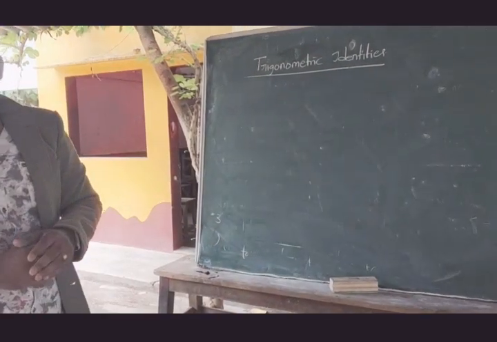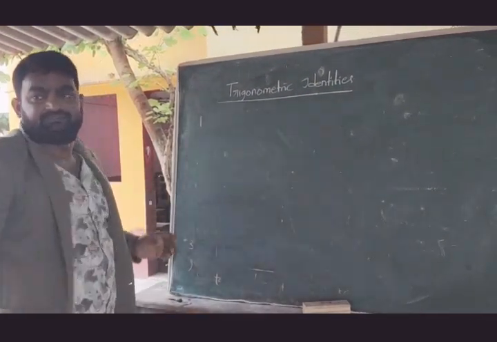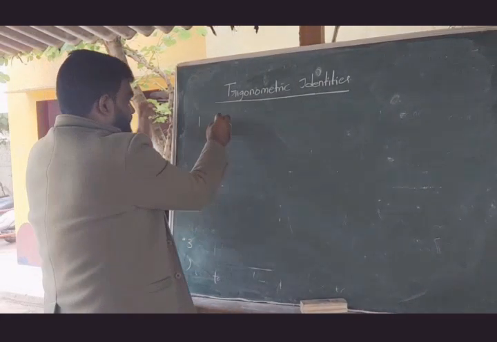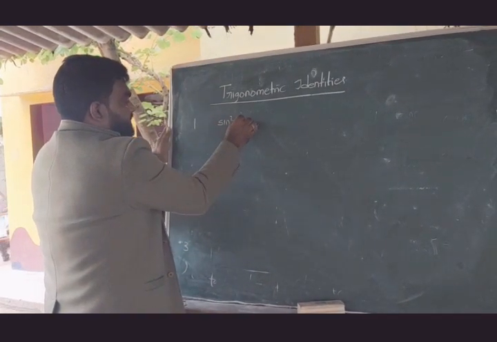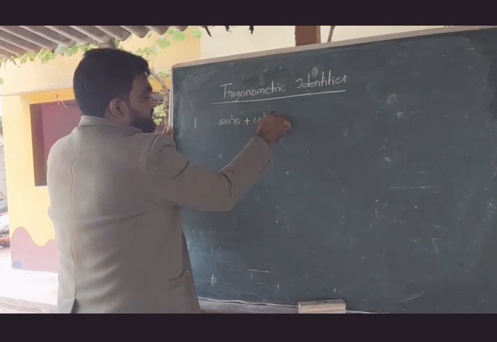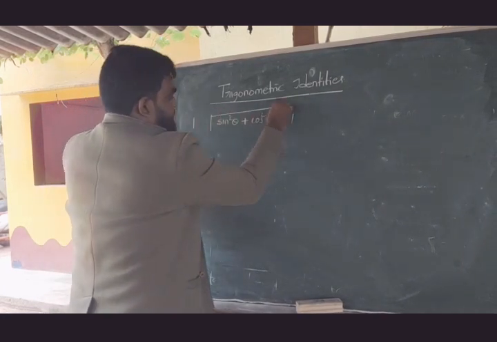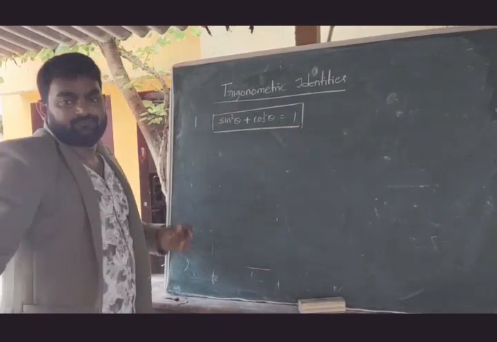Trigonometric identities. First identity. Identity number 1. Sin square theta plus cos square theta is equal to 1. This is the first identity.